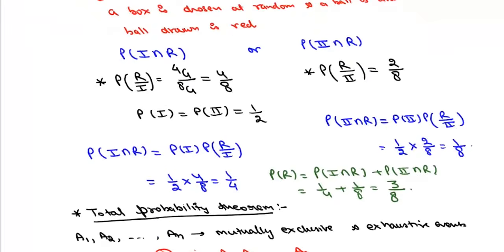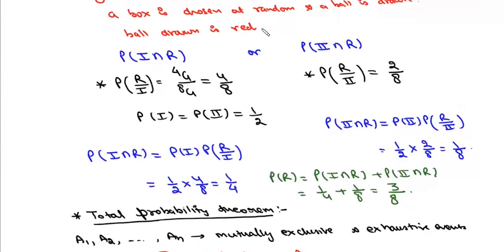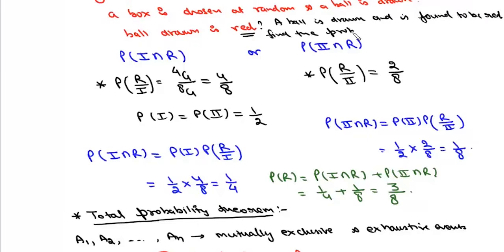Now if we come back to our box example, this question was a total probability question. Now if it is a Bayes theorem question, it will say a ball is drawn and is found to be red. Find the probability that it has come from any one box, say box 1.